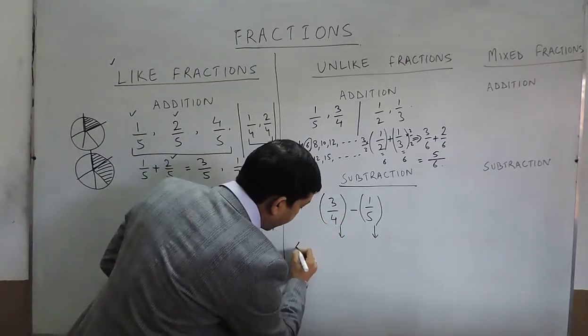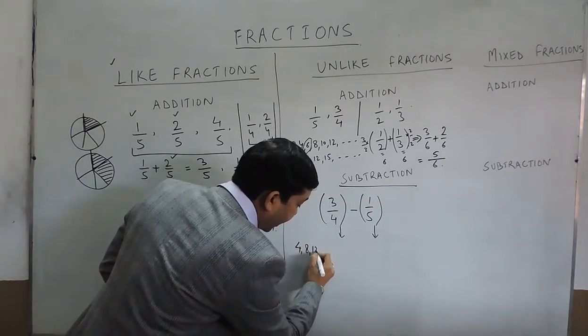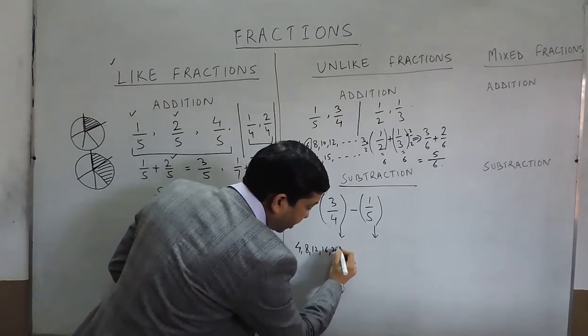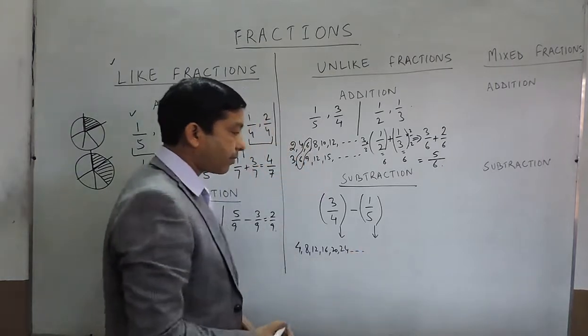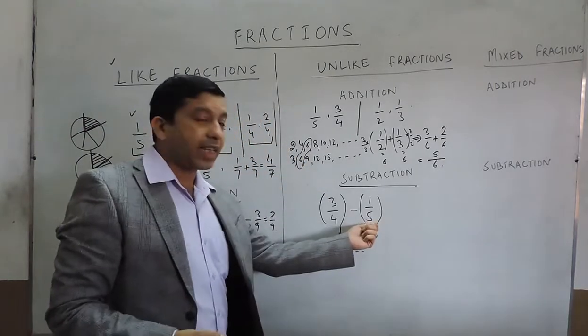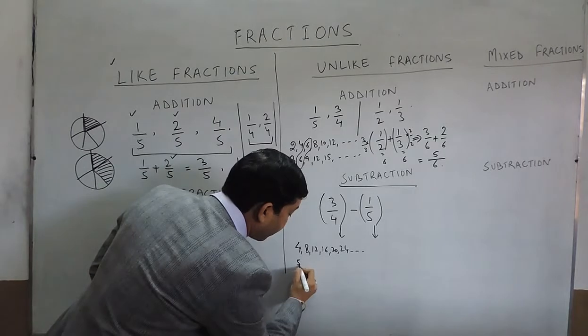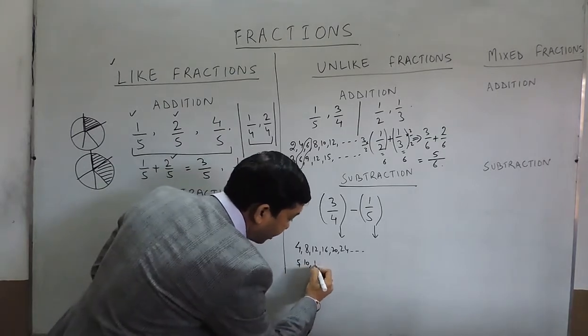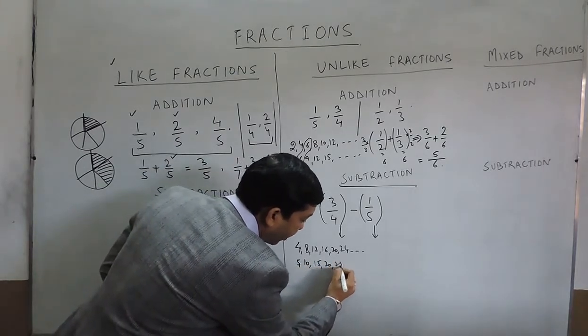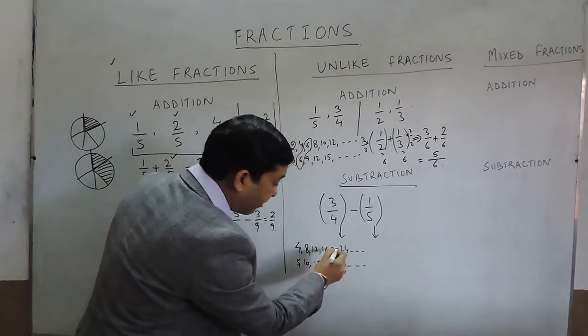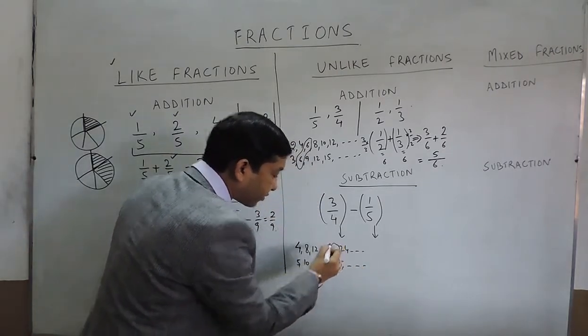So we are talking about the table of 4, that is 4, 8, 12, 16, 20, 24 and so on. Here also, if 5 is there in the denominator, then 5 can have the equal fraction for 10, 15, 20, 25 and so on. Again we are taking a number 20.